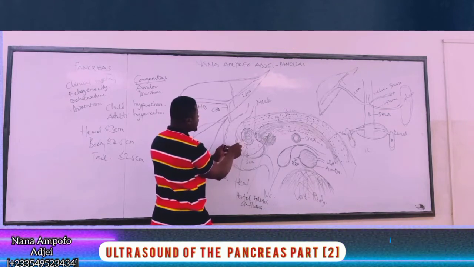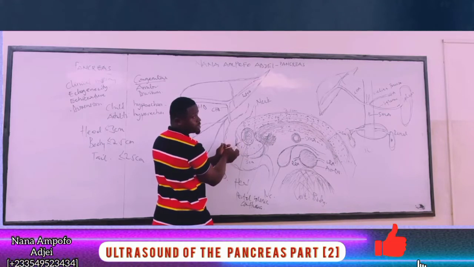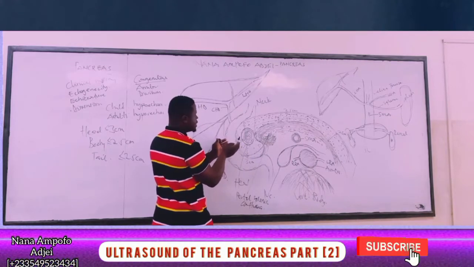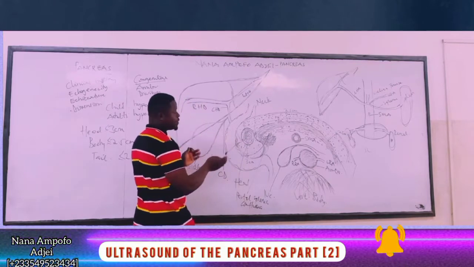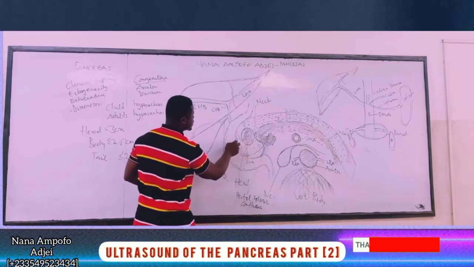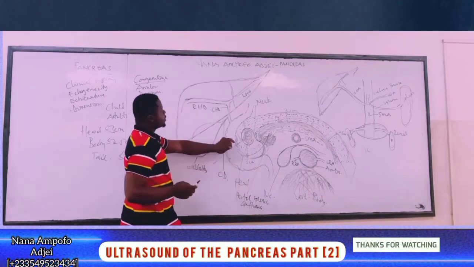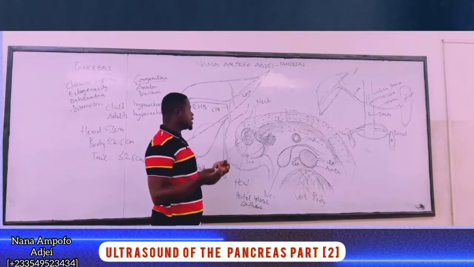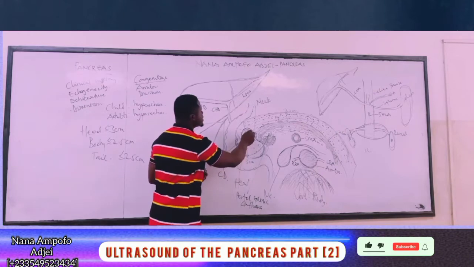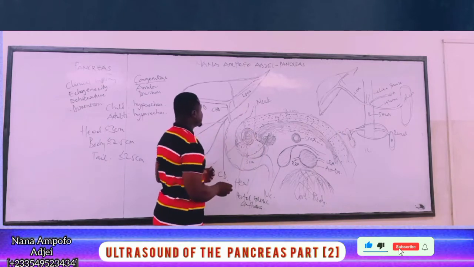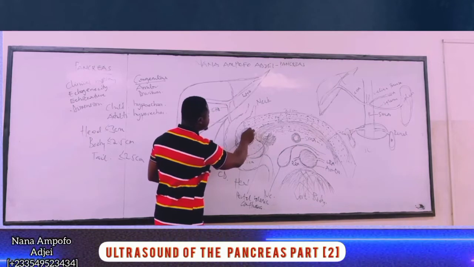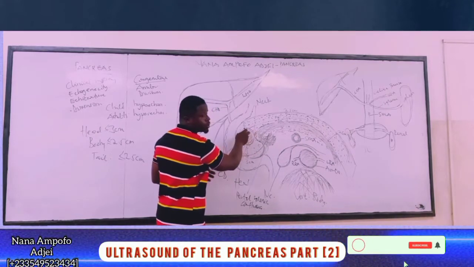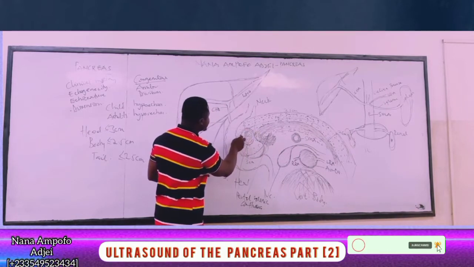Ampulla of Vater. We have the sphincter of Oddi around this point. So when there is contraction and relaxation, it will contract to open up, and then the muscles will open up for all these juices to what? Enter or pass into the duodenum, for chemical digestion to take place. So if there is a mass around this side, this mass is blocking the flow of bile from this side.